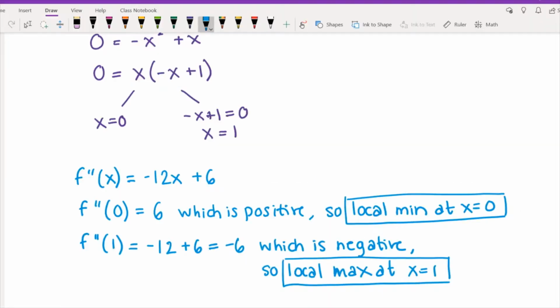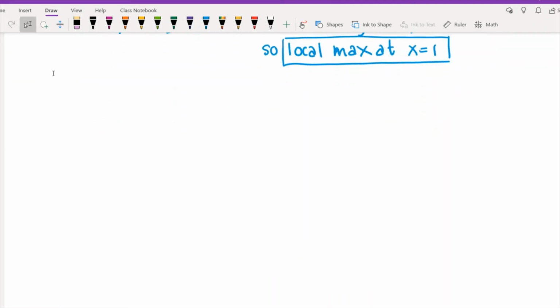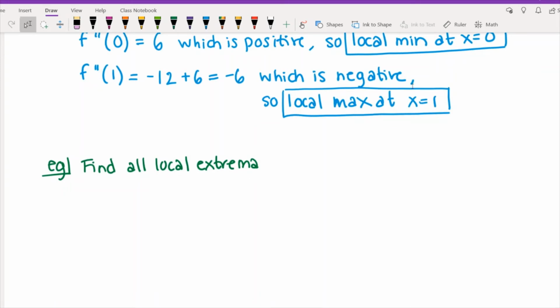Okay, so we're going to do a couple more examples. So let's again find all local extrema. And I guess we didn't find the y coordinates. If this was on a quiz or test, I would be clear about what I'm looking for. But if we wanted to find the y coordinates of these points, we would have to plug them into our original function.